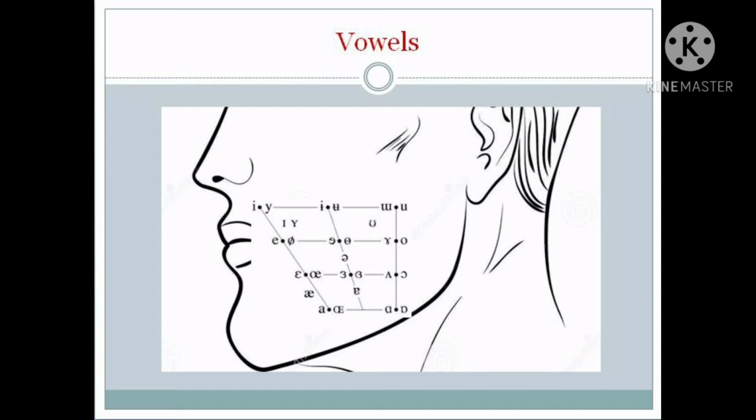For example, the vowel E is produced at the front and top portion of the mouth and hence is represented at a similar point on the quadrilateral. We will go into a detailed study of the IPA chart in the future videos. As of now, let's continue with the vowel sounds of English.